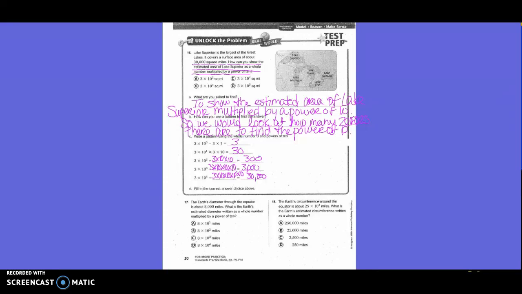So our answer would be 3 times 10 to the fourth power, which is letter C.